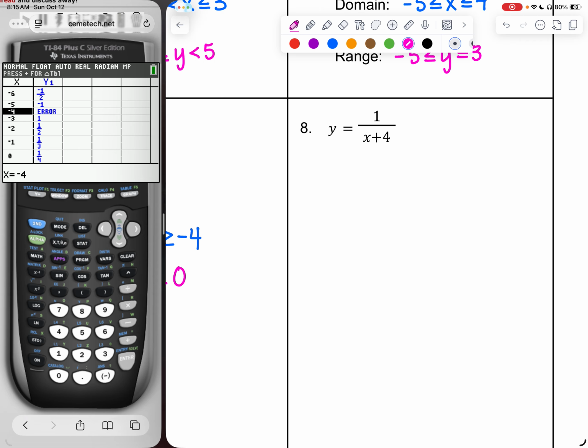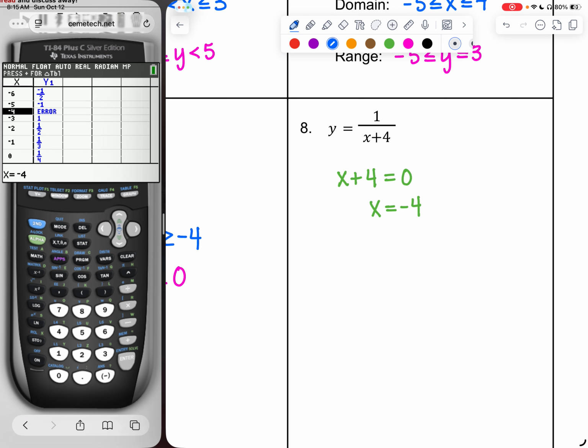So here I can tell my domain, and we already know that because one number you can't divide by is 0. So if I ask myself x plus 4 is equal to 0, that means that the x value that's going to make that 0 is -4.